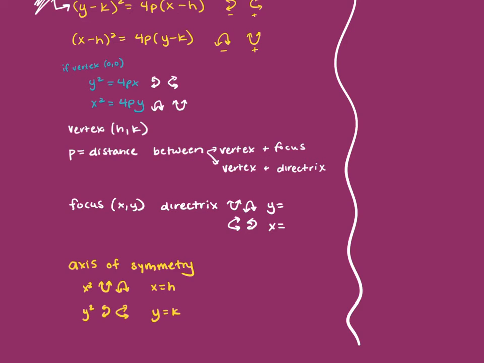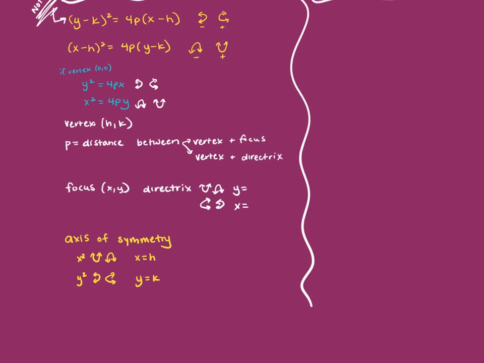I have a question. Yeah. The axis of symmetry, could it be a negative? Yeah. That goes back to the coordinate of your vertex, right?